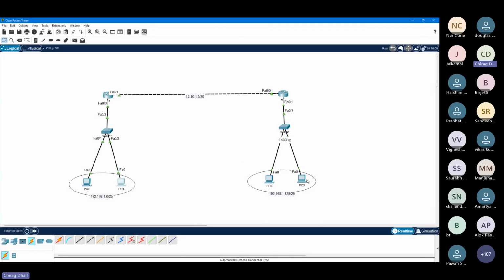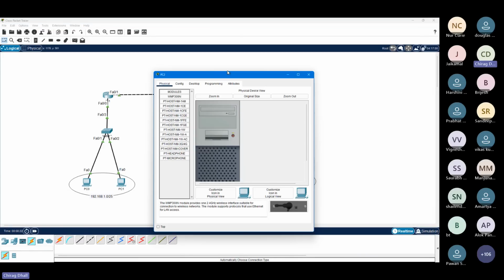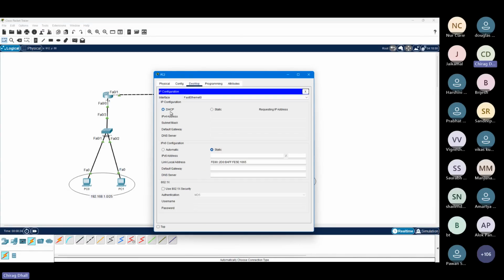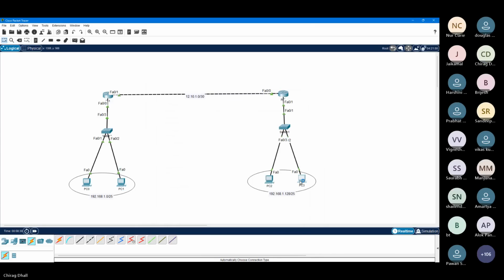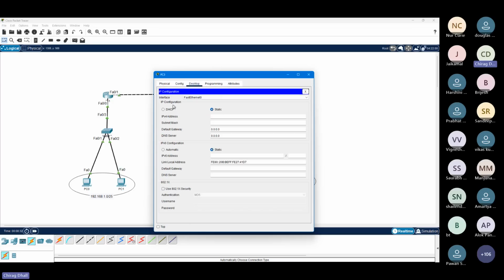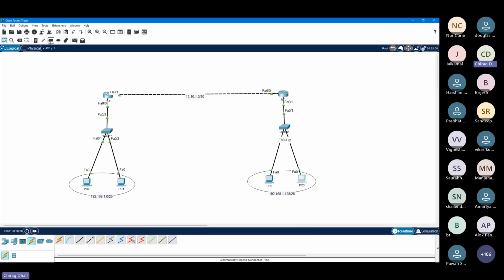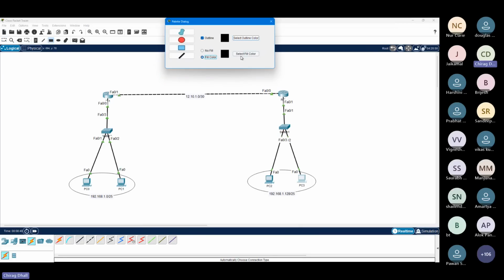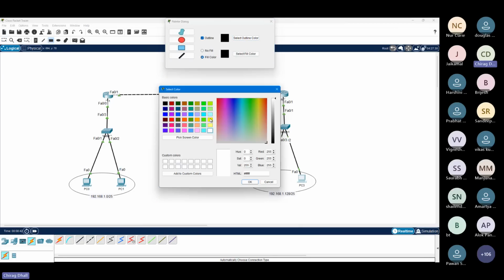Then I'll go to my end devices and put IP configs on them. We got the IP as 130 and then my final PC DHCP 131.